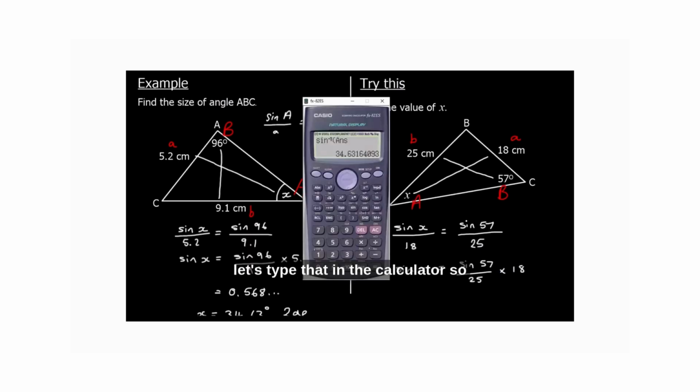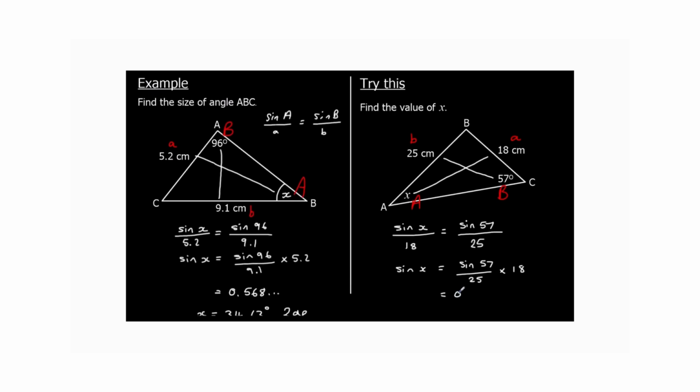So let's type that in the calculator. So we've got 0.603 and so on. But that's sine x. We want x.